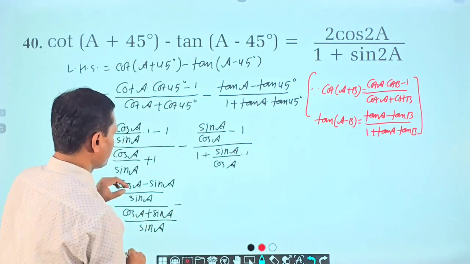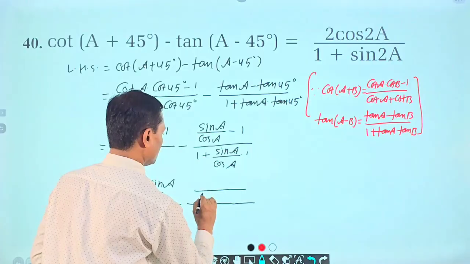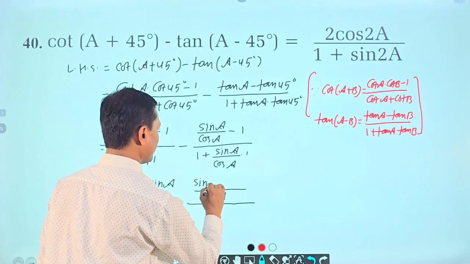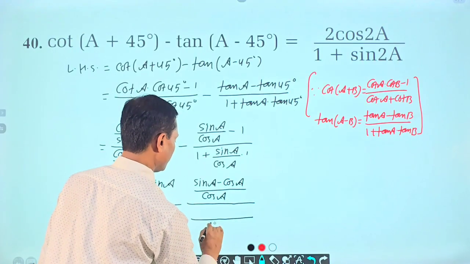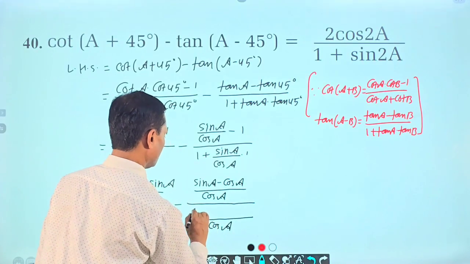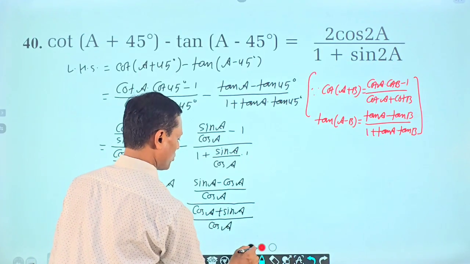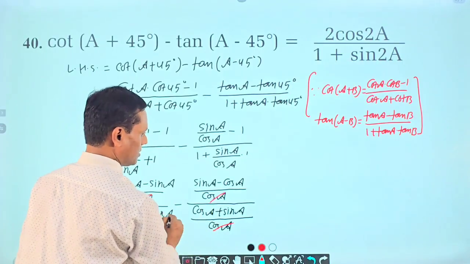Minus, same process here also, there is a cos A, and we can write sin A minus cos A, and here that is cos A plus sin A. Okay, now sin A and sin A we can cancel.